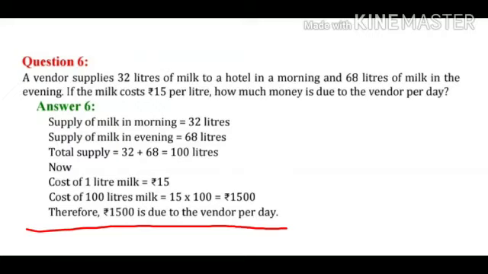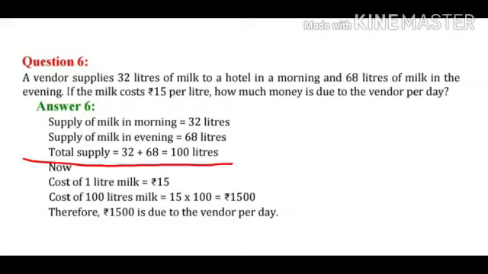I repeat again what we did here. We have the milk supply in the morning, and we have the milk supply in liters in the evening. So first we find his total supply. We add both the supplies, morning supply and evening supply, and we get the total supply of a day.